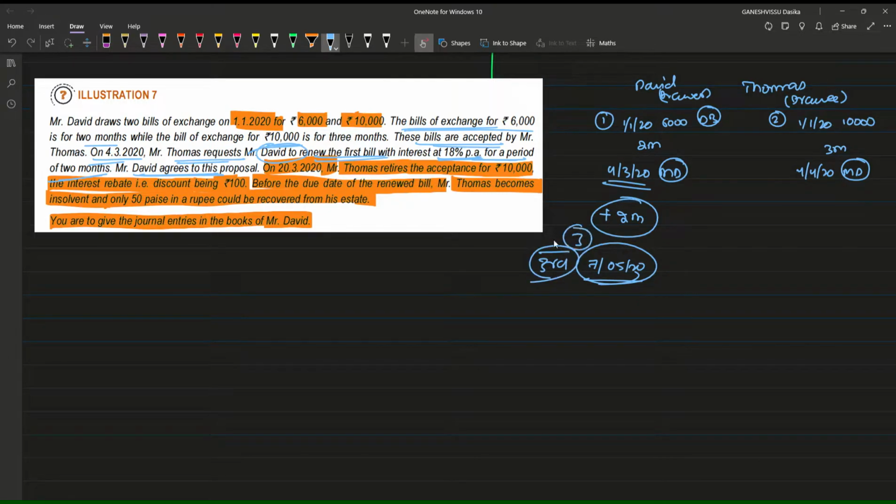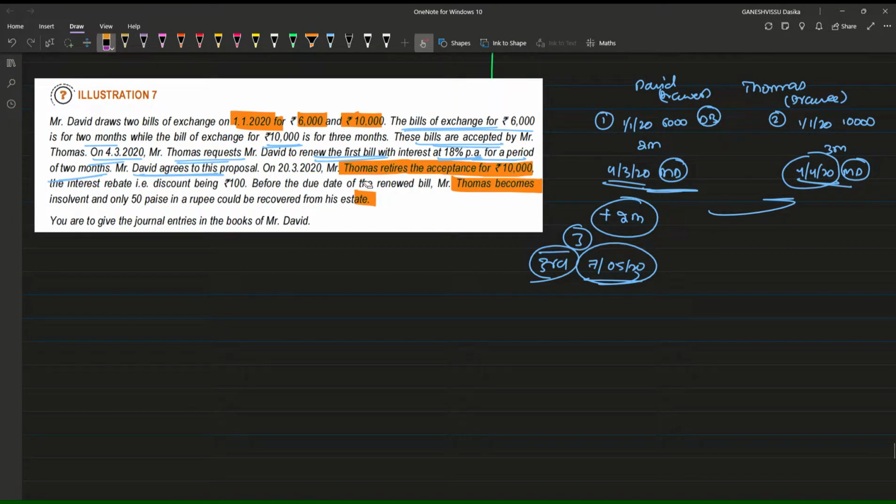This way I am writing here 3, 1, 2 and 3. On 20th March 2020. So what is this 4th April 2020? This is the maturity date of the second bill. So don't compare this bill with that bill. You need to go through the amount of bill and the date also. If you go through this date, you can understand what you need to do.